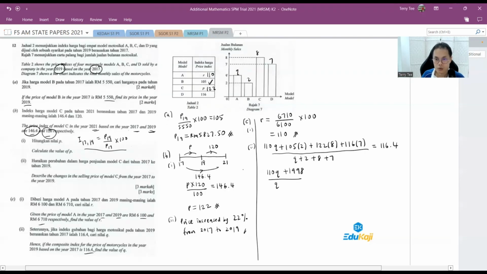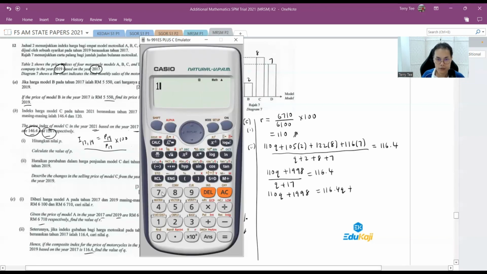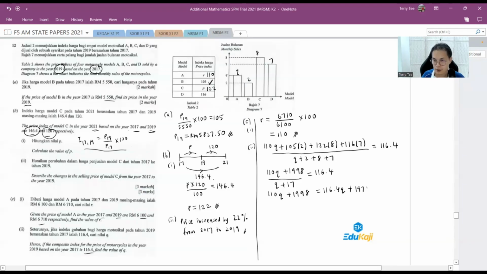So this will be Q plus 17. The result is 116.4. Let's multiply over: this is 110Q plus 1998. So this is 116.4Q plus, let's take 17 times 116.4, I'll get this value 1978.8. So bring it over.